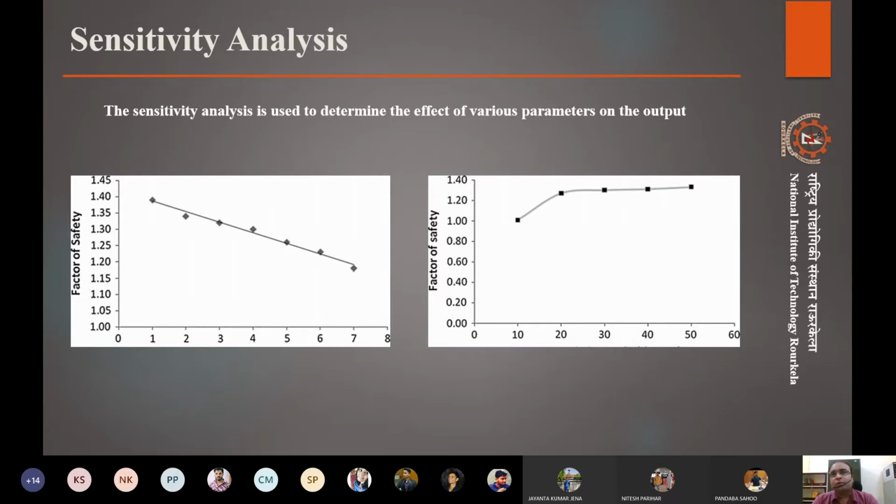Now, if I want to know, okay, tell me, is the stability of a particular slope more affected by cohesion or more affected by friction? Or maybe a question may be something like, is the stability of this slope more affected by the height of the slope or more affected by the inclination of the slope?